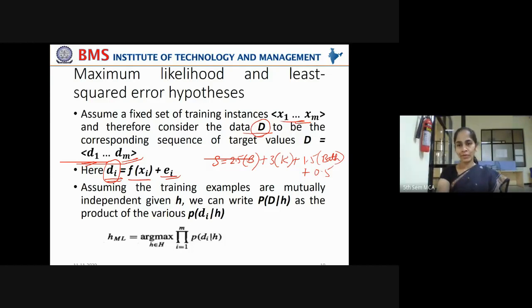Now, if the number of bedrooms is given for a new house, number of kitchens is given, number of bathrooms is given, it can automatically calculate the sale price.